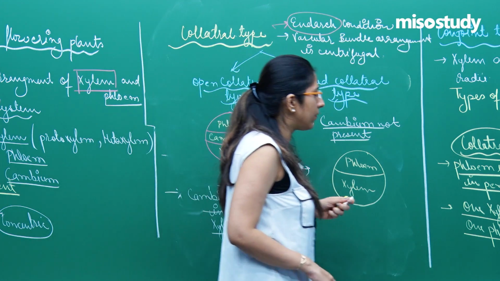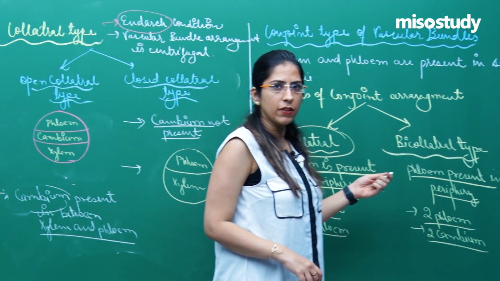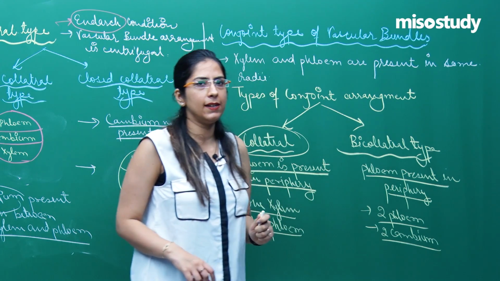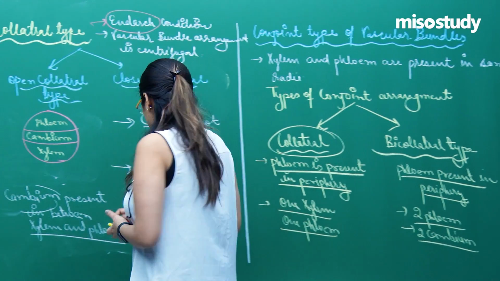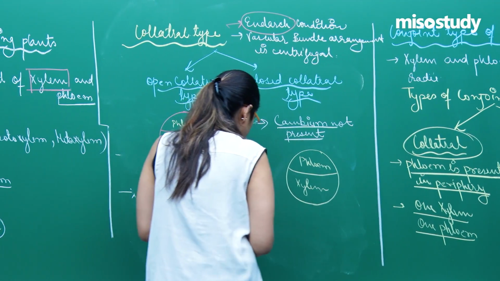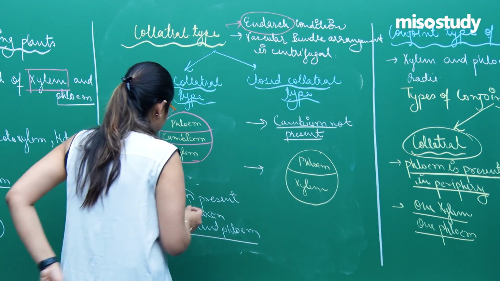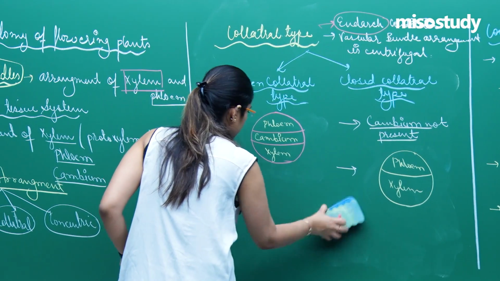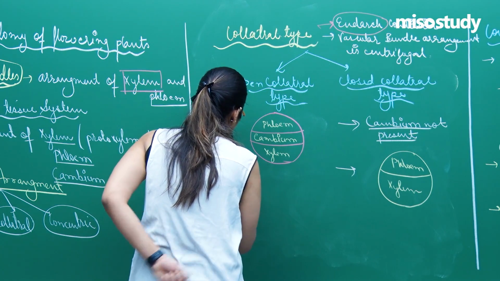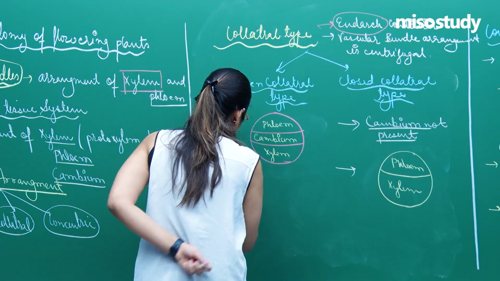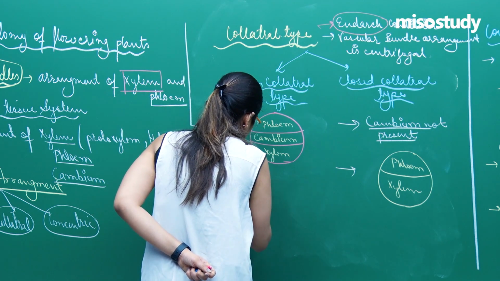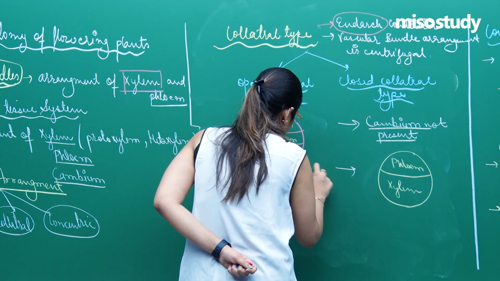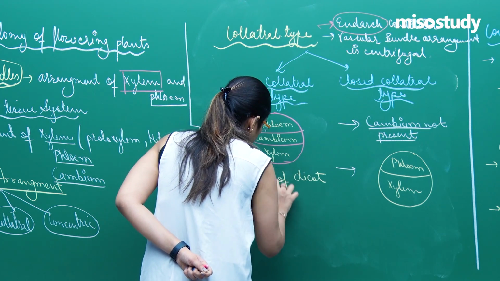Come to this side, we have discussed this collateral type, in which we have talked about the open type and the closed type. I want to give you certain examples of these as well. When we talk about the open collateral type, hope you have written this, the examples are the stem of dicot and gymnosperm.